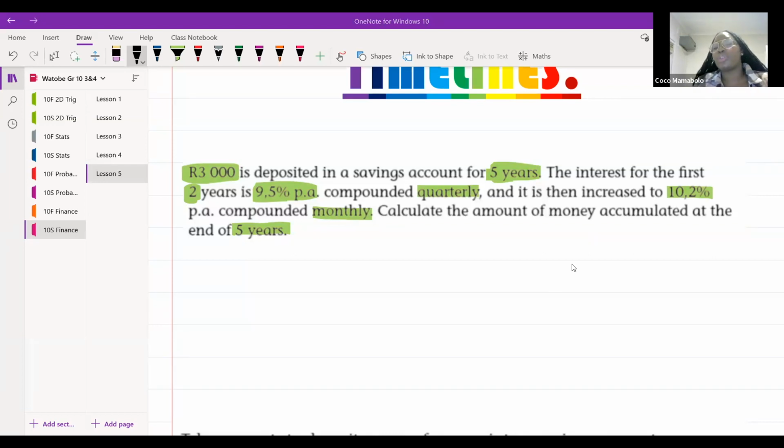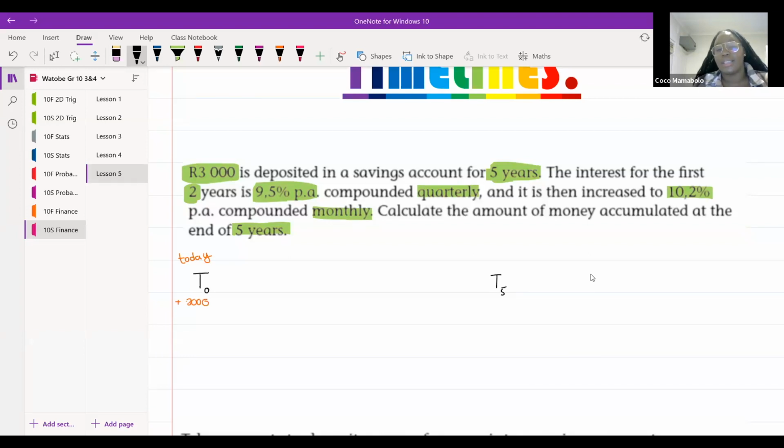So what we're going to do here is represent what's just happened on a timeline. We're going to go T0, and T0 is always going to stand for today. Today, we deposit 3,000 Rand into this account. We know that this investment is going all the way up to T5, which is year 5.